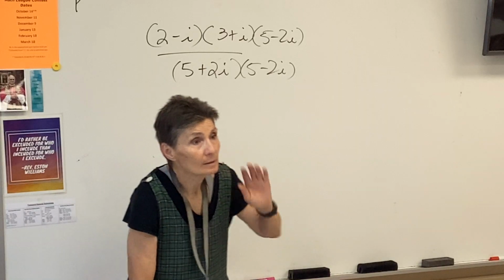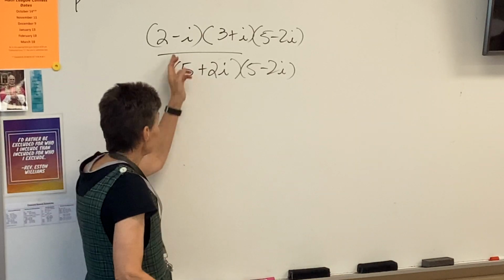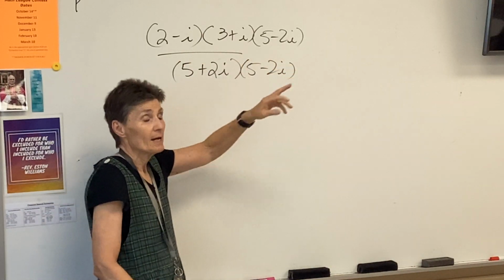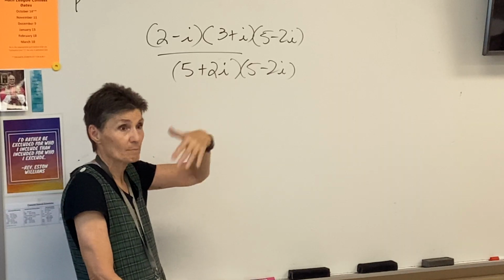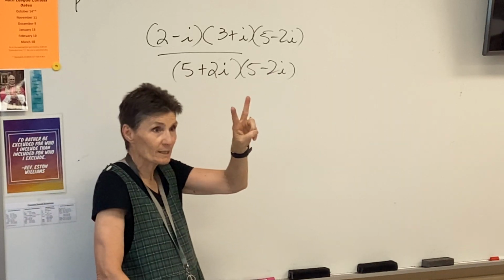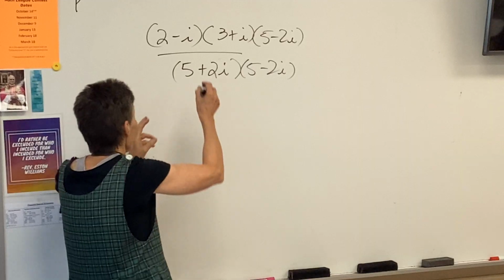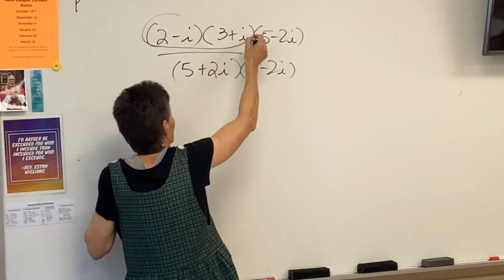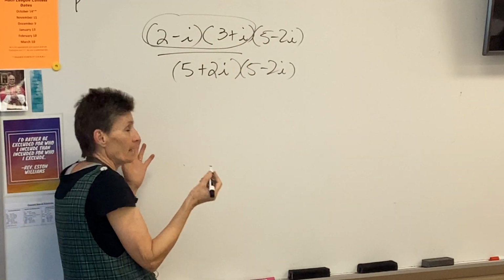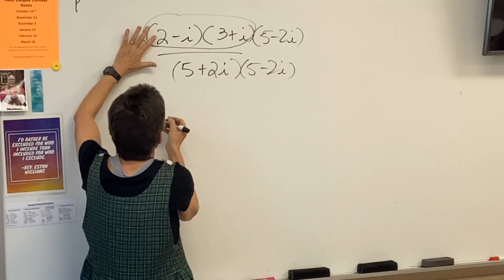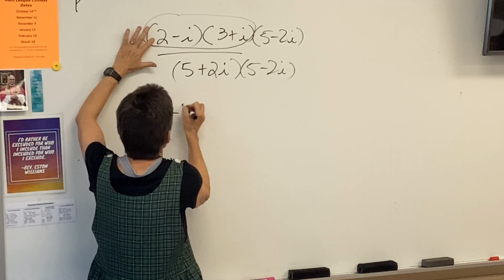So these three need to be multiplied. However, multiplication is binary. That means I can only do two at a time. So I'll probably start with the first two, and I'll multiply those together. So I'm going to get 6.